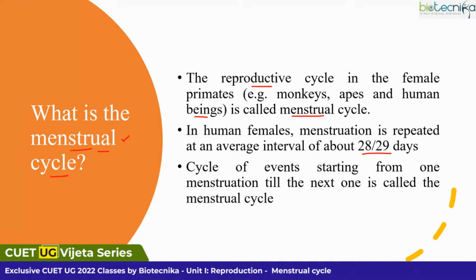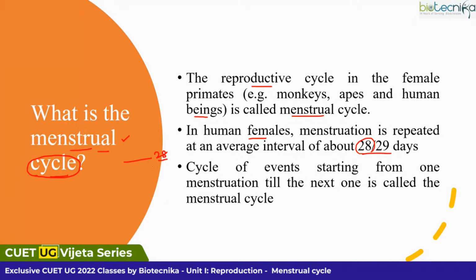So what happens in this menstrual cycle, the events, the phases, is that over these 28 days, some changes will occur in the female body, right? Those changes keep on repeating after every 28 days. That is why we call it a cycle, because those changes keep on repeating after every 28 to 29 days. The cycle on average is 28 days, but yes, person to person it might vary.